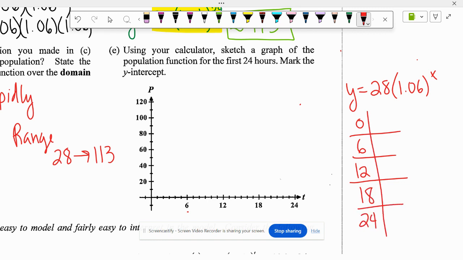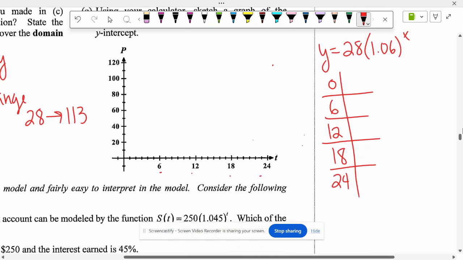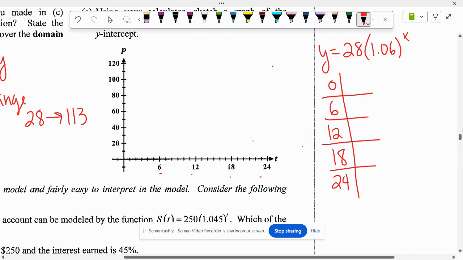That's plenty of points to give us a nice curve, right? Those are the big x values on your graph. So put that equation into your y equals, and then hit second graph. Tell me what you get.